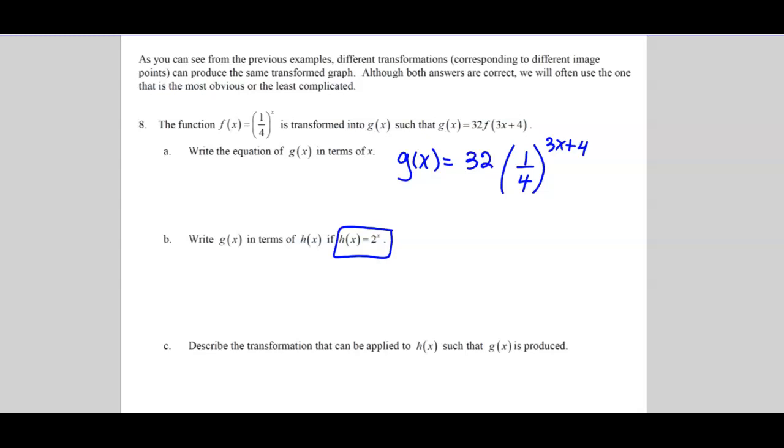So I can show that with a base of 2, and I can simplify it all. Okay, so g of x is now going to be equal to 2 to the 5th, 2 to the negative 2, and 3x plus 4. And use your power laws to simplify that.